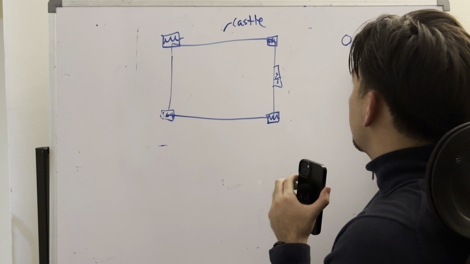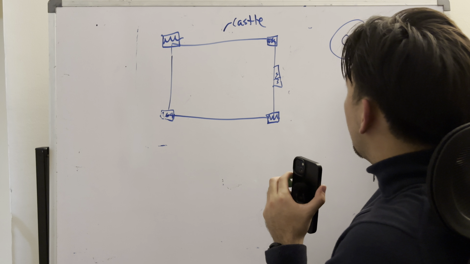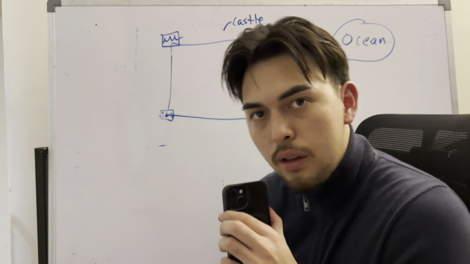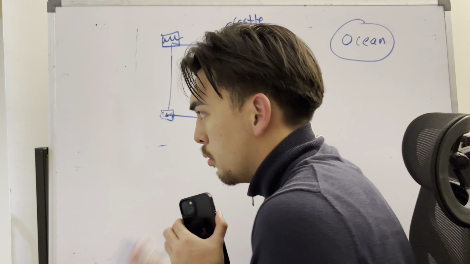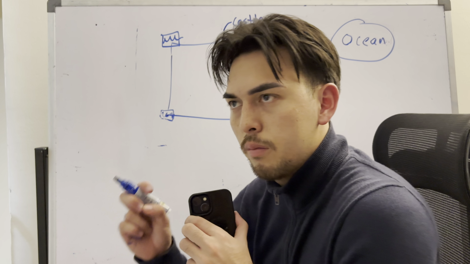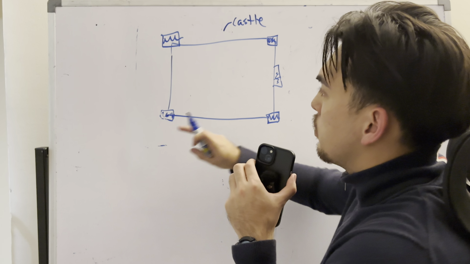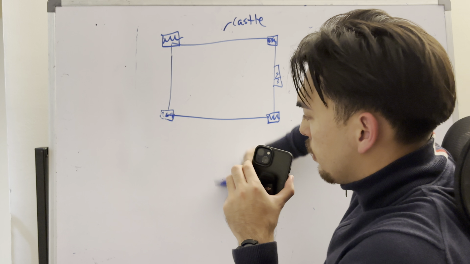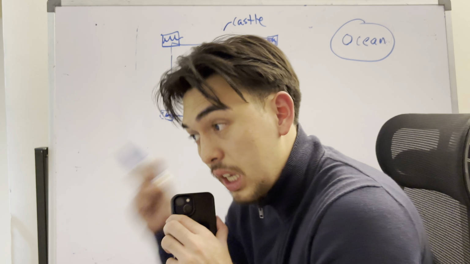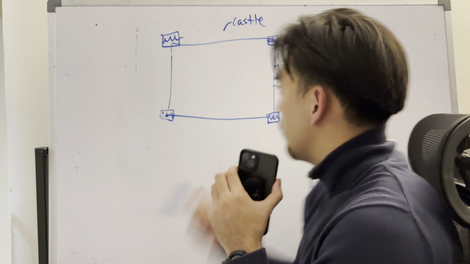Let's make an ocean. On the ocean, anybody, whether from Athens, Greece, Italy, Turkey, not sure if that existed back then, everybody was able to access any type of resource on the internet, right?